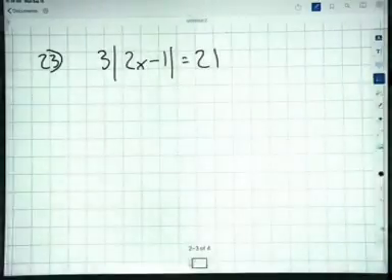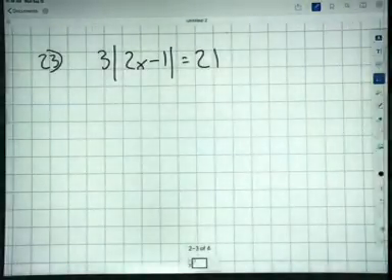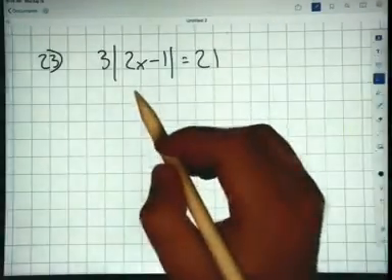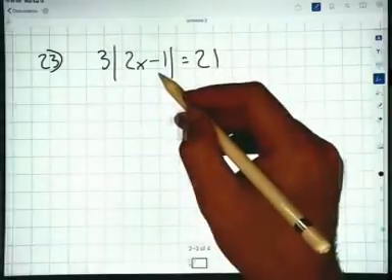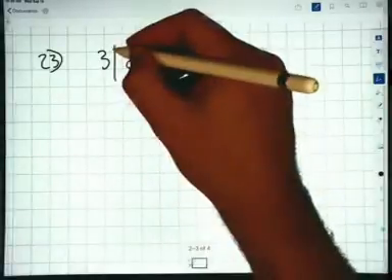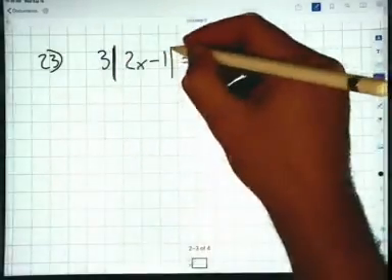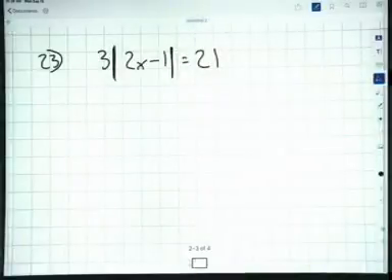Alright, so first things first. Never, ever distribute into absolute value bars.